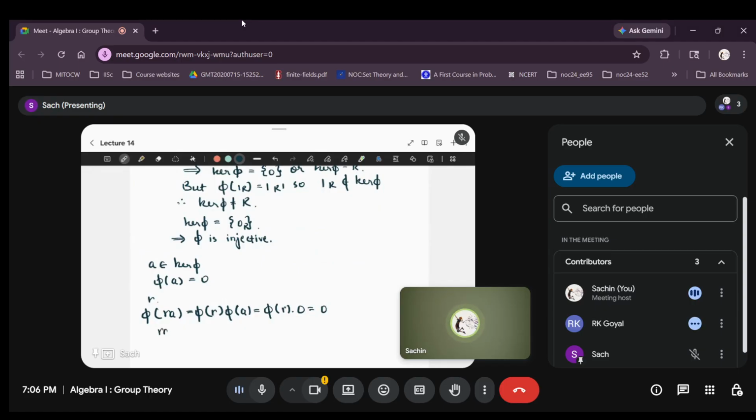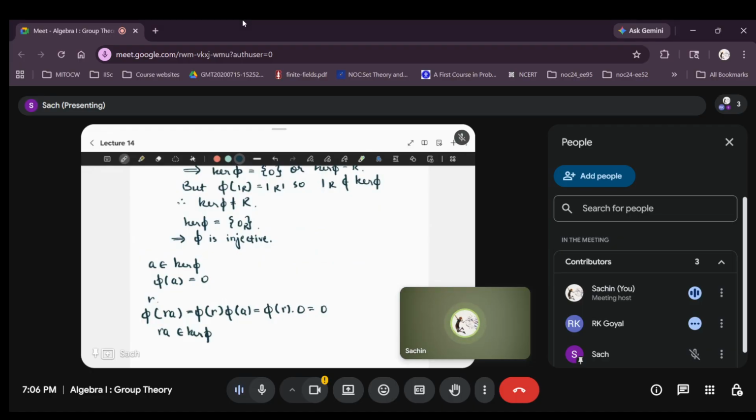So RA is also in the kernel. Any element which goes to 0 is in the kernel. So for any ring element R and any kernel element A, their product is also in the kernel. So now both the conditions for the ideal are satisfied, right?